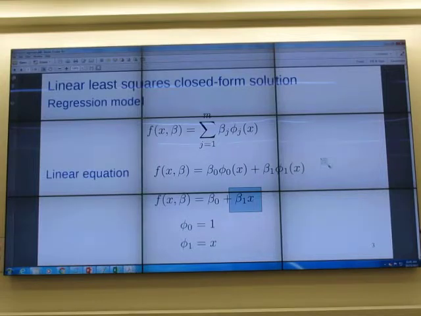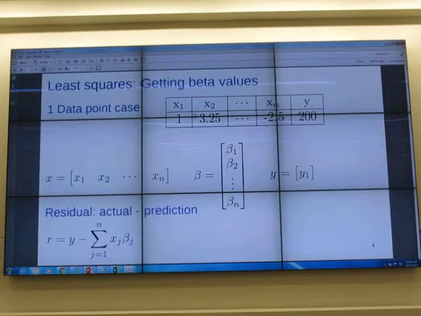We may have beta_3, beta_4, beta_5, and so on. For one data point, you need to know the x1 value, x2 value, until xn value, and you need to know the y value. That's just one data point. So my x is a vector of x1 until xn, my beta is beta_1 until beta_n, and my y is just one value of y. That's for the multiple x case.